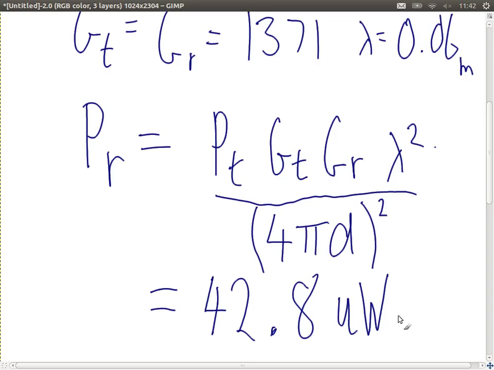Then when it comes out of the transmit antenna, the signal attenuates across the distance, getting weaker and weaker. It's received by the receive antenna, which introduces some gain, multiplying it by 1371. The resulting value is the receive power. In this case, the receive power is quite small compared to the transmit power, 42.8 microwatts. So across this 1 kilometre, we ended up with 42 microwatts.